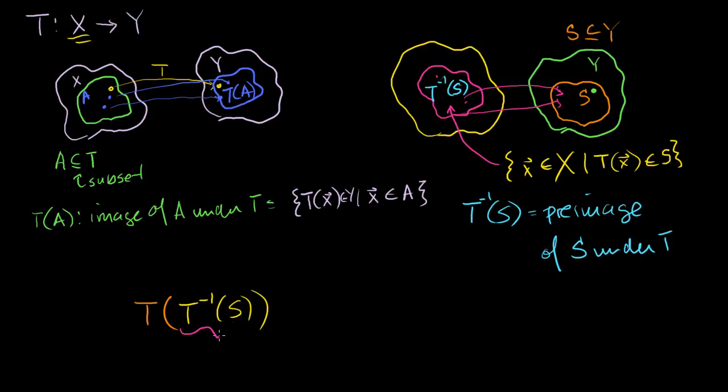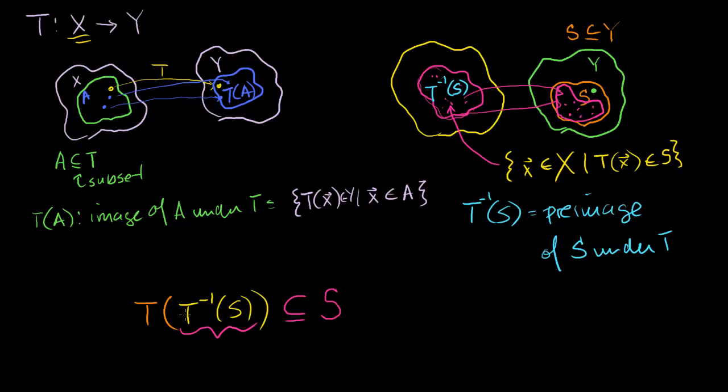This part right here is the preimage of S. Now if we take the image of this, we're saying if we take every member of this, what vectors do they map into? All of them are going to be within S, so they're going to map within S. But they don't necessarily map to everything within S. So this right here is going to be some subset of our original S. It's not necessarily equal to S, but it's a subset of it.